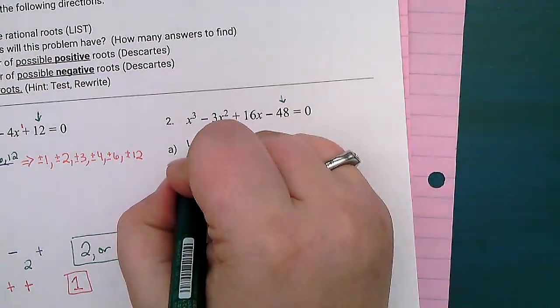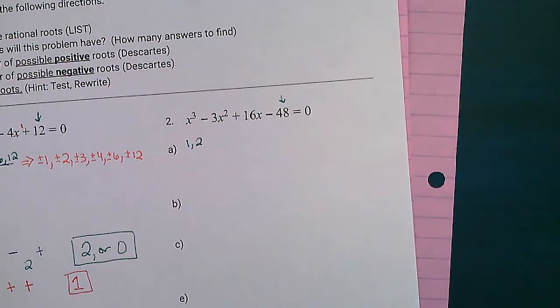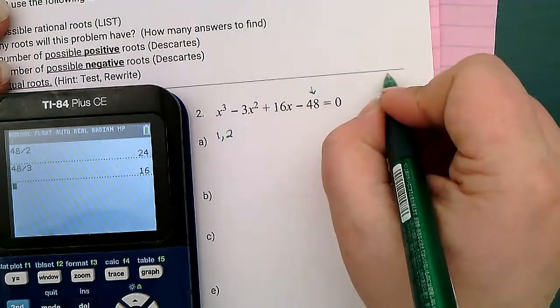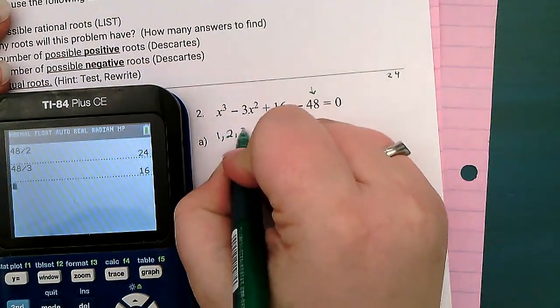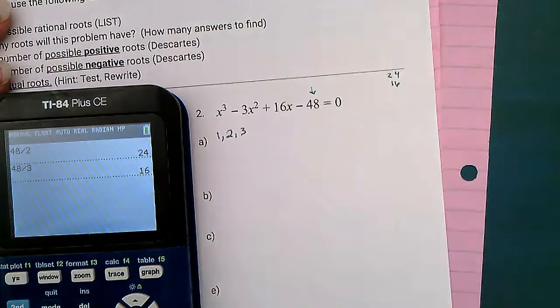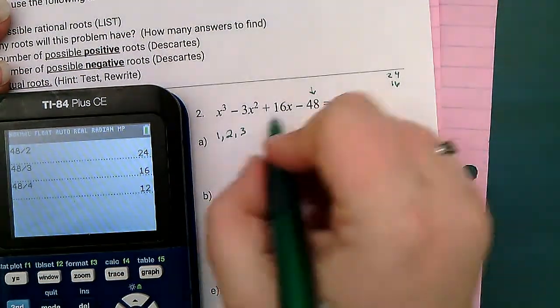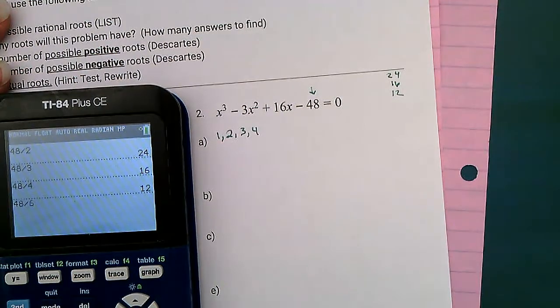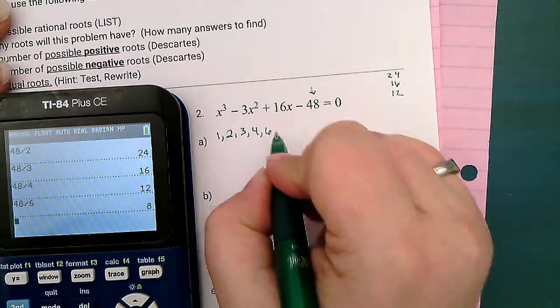So let's go 2 and 24. 48 divided by 3, 3 works. Okay, so 2 and 24. 3 and 16. 4 and 12. 48 doesn't divide by 5. 6 and 8.